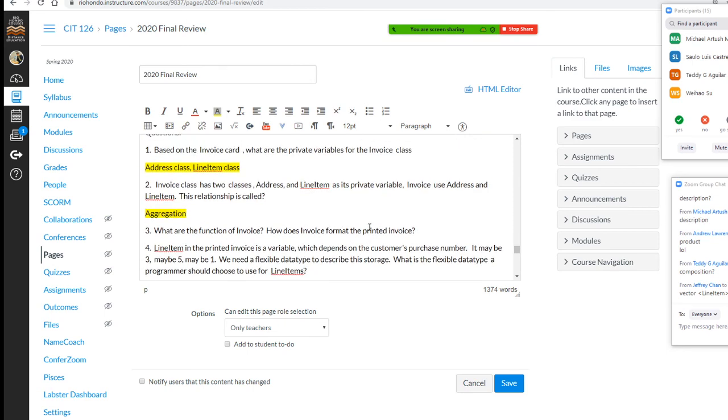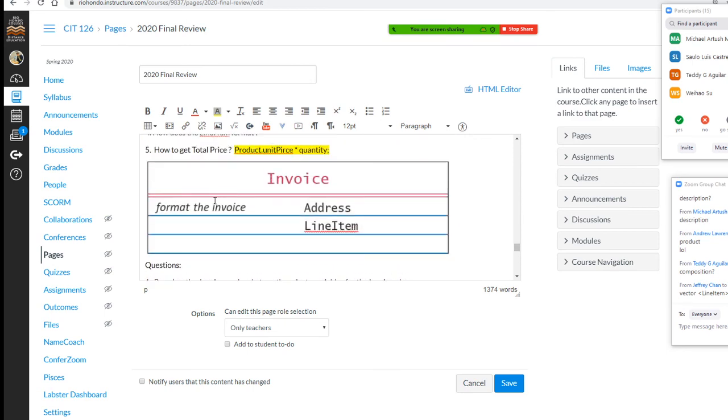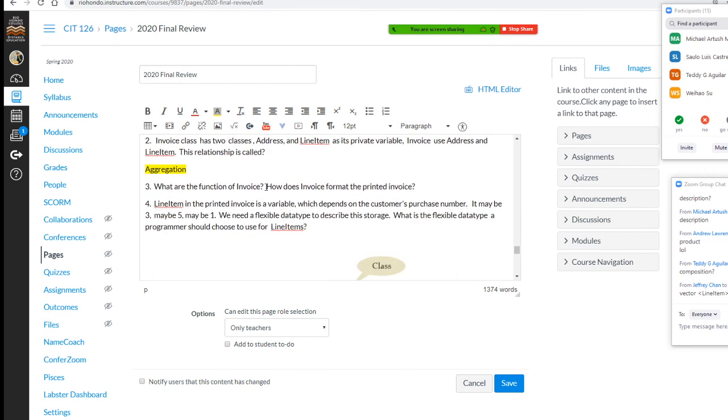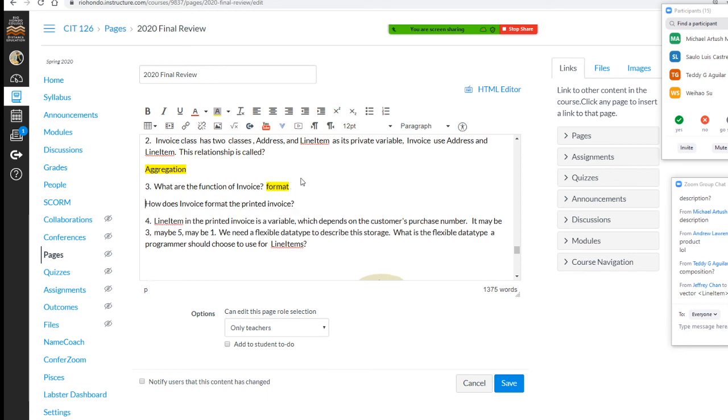So what are the functions of invoice? They told you format. All right, format. But how does it format? How does it format right here?